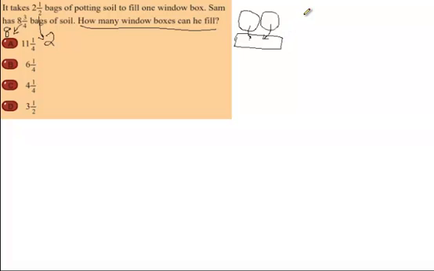How many window boxes can he fill? If you have 8 bags, that's 2, 4, 6, 8. How many window boxes can you fill? That's easy: 1, 2, 3, 4. What did you do with the 8 and the 2? You did 8 divided by 2. Awesome. Now we know our operation, and now we just have to plug in the actual mixed numbers that they gave us to solve it.